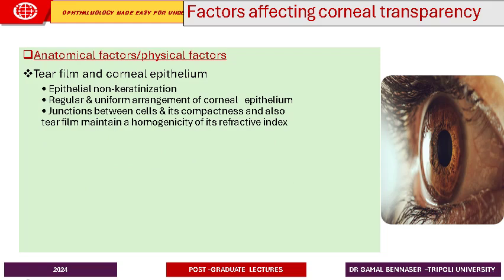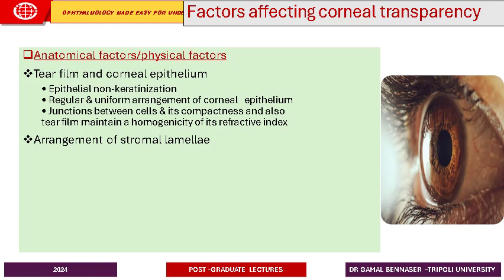This provides good transparency for the cornea. Also, the presence of the tight junctions prevents the escape of materials inside the cornea and controls the hydration of the cornea. This is a very important part to maintain the transparency of the cornea. And also the homogeneity of the refractive index all over the surface of the cornea. This is another important factor.